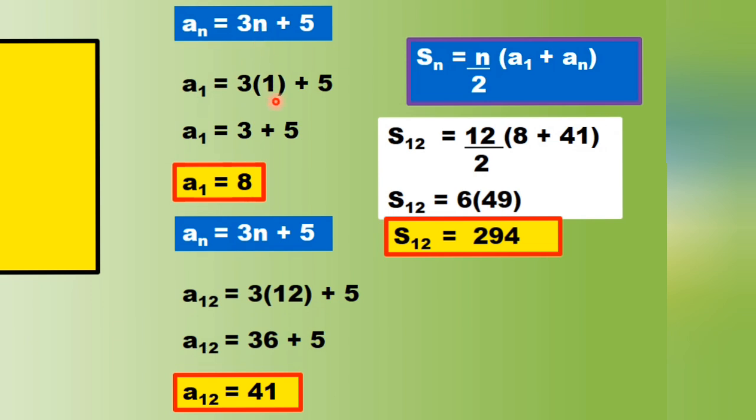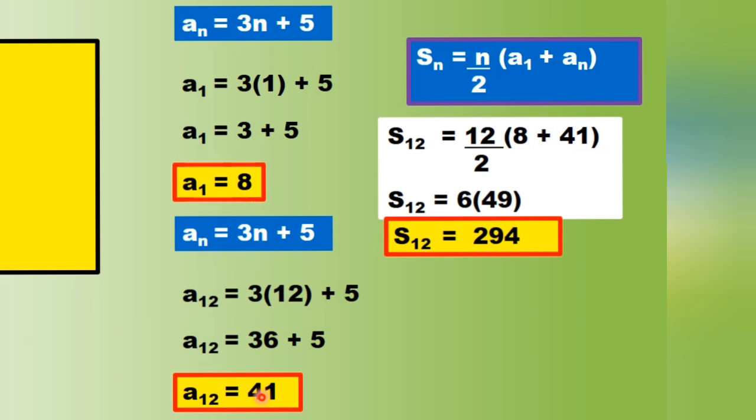If n is 1, 3 times 1 plus 5, A sub 1 is 8. Then, we also get the last term, which is A12. If n is 12, 3 times 12 plus 5, so A sub 12 is equal to 41. So, this is the first term and this is the last term.